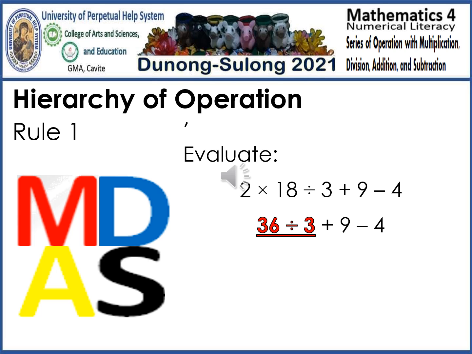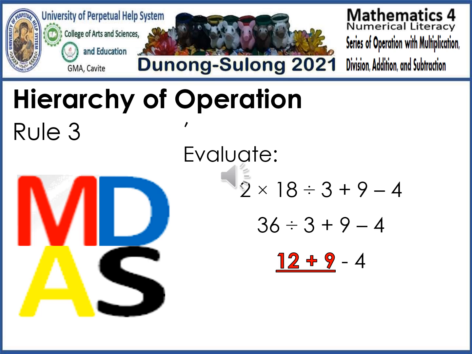Now, let's go back to rule 1, which is again, multiplication or division must be operated first before addition or subtraction. So the second operation is 36 divided by 3. The answer of 36 divided by 3 is 12.